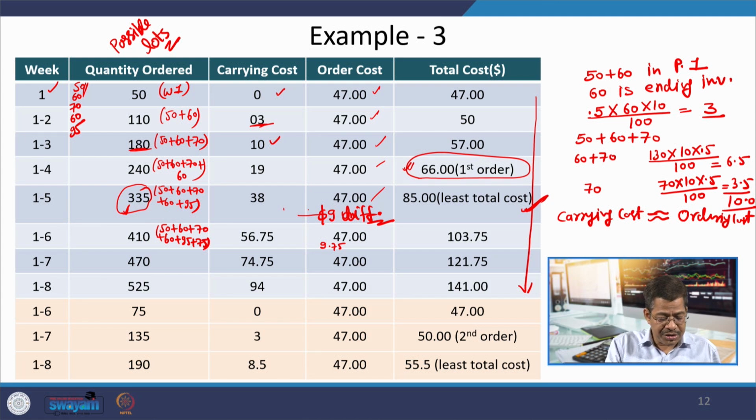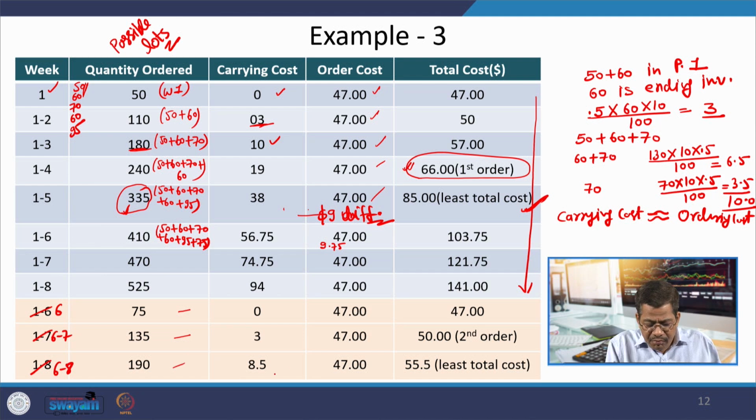Then you are doing it from week number 6. In fact, this is 6, 6 to 7, 6 to 8, and like that. You have to see what should be my second order quantity, and there may be a possibility of 75, 75 plus 60, and then like that.